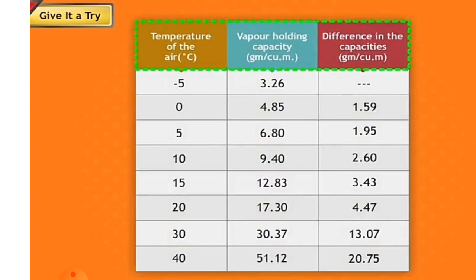Next one is temperature of the air is 5 degrees Celsius. Vapor holding capacity is 6.80 gram per cubic meter, and the difference in the capacity is 1.95 gram per cubic meter.